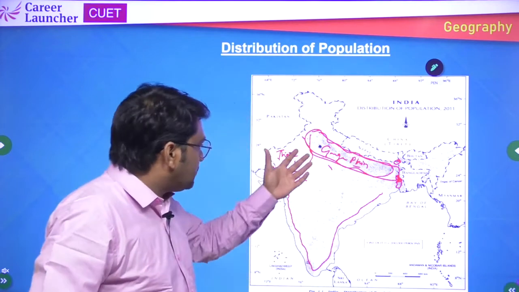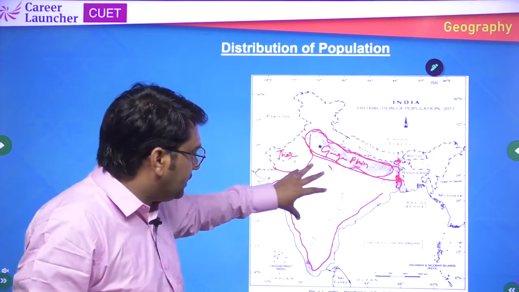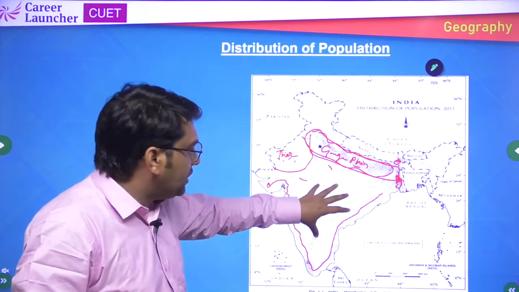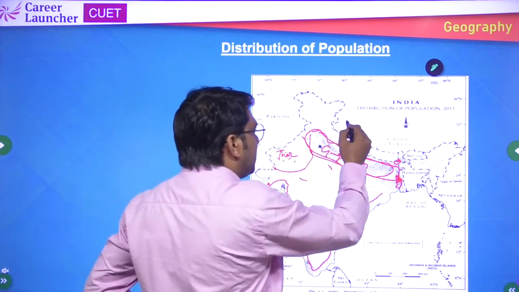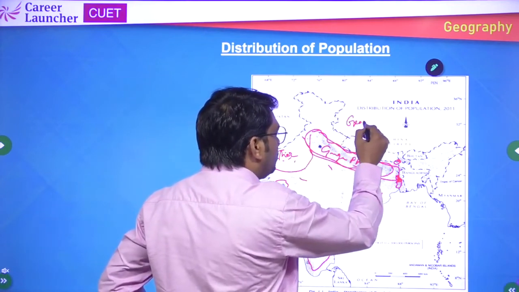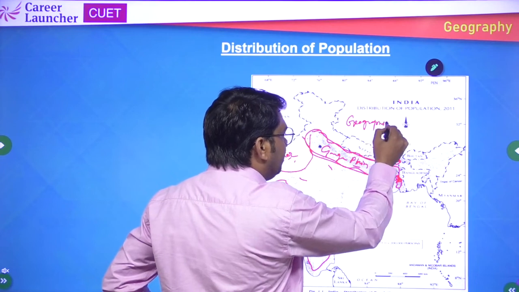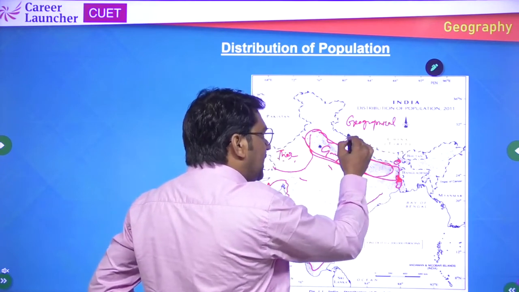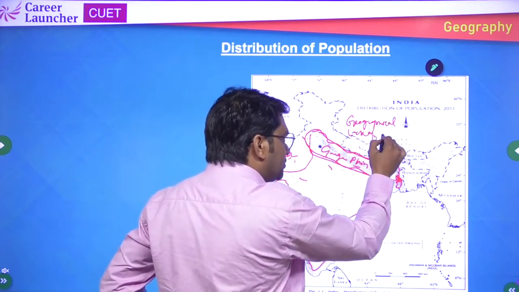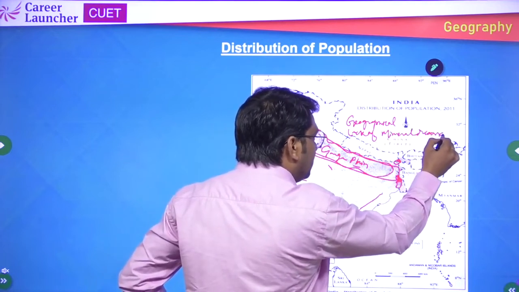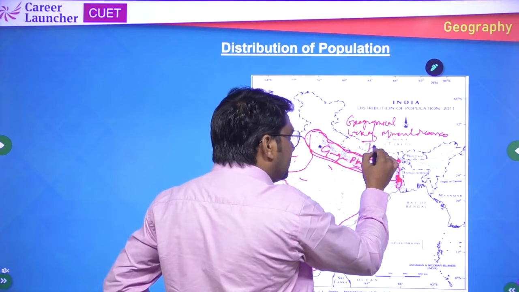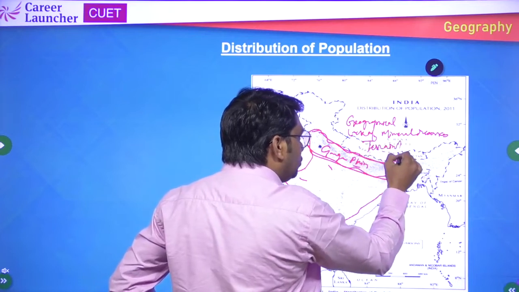Then the northwestern part of India and the central part of India, you see the population is not as dense because of many reasons. Geographically these places are not good for agriculture activity. Also there is a lack of mineral resources, and also the terrain, or topography.